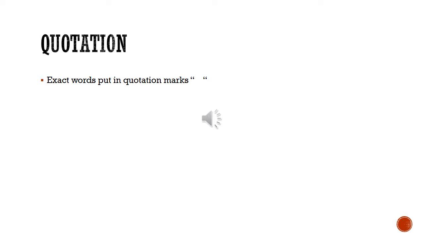Okay, so quotation is using the exact words from another text and placing them inside quotation marks. Now, quotations are exact words taken from outside sources and placed in your essay.